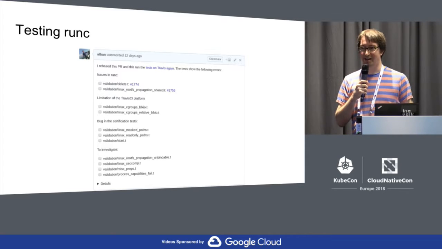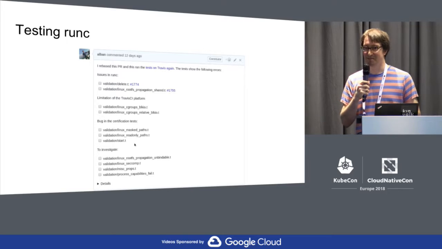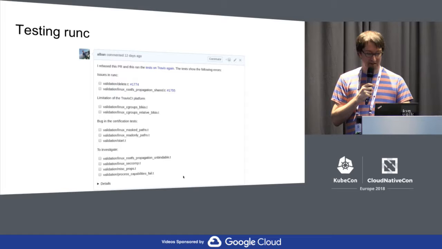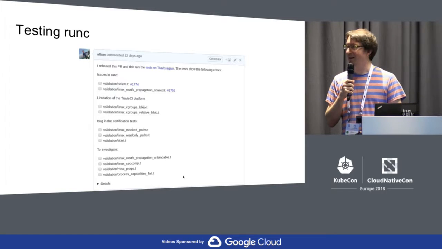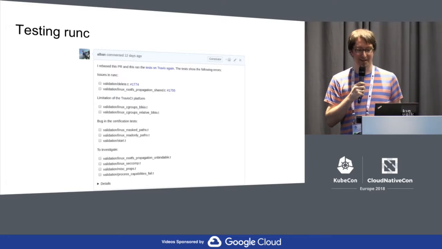For example, it doesn't allow any cgroup modification for block. Or it could be bugs in the certification test. Some of them are fixed, but there are still some bugs in the test. And on other things, I have not checked yet whether it's a bug in the test or in runc or something else.